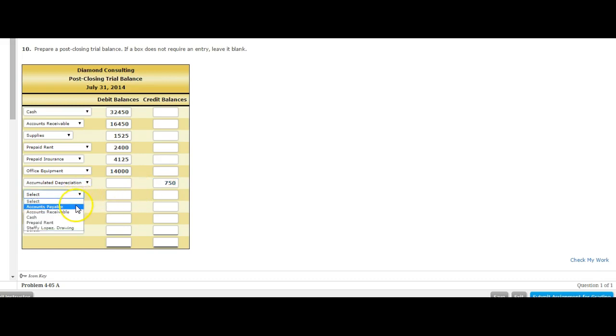And then you should have accounts payable, a credit of 1,300. Oh, salaries payable. I forgot that one. Salaries payable is down at the bottom. $175.